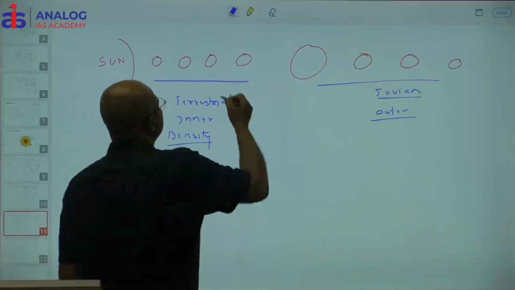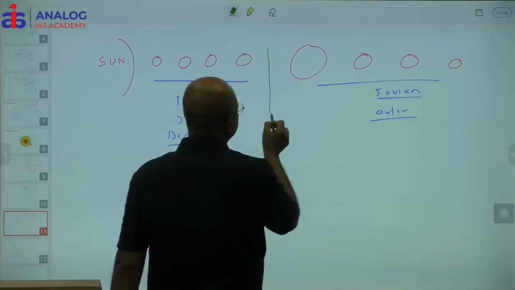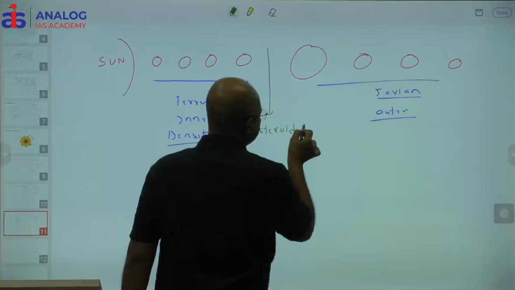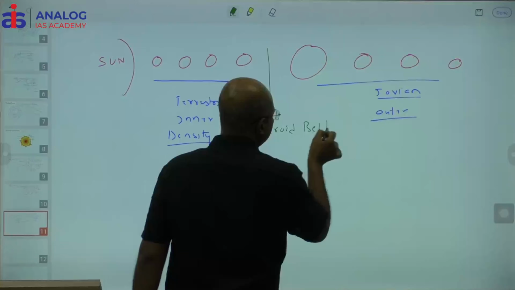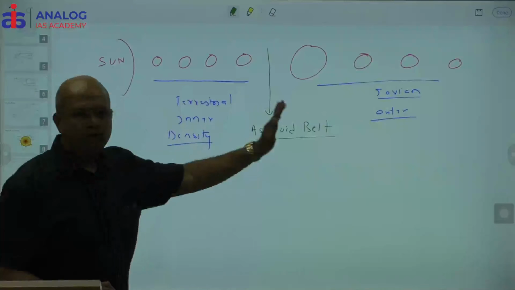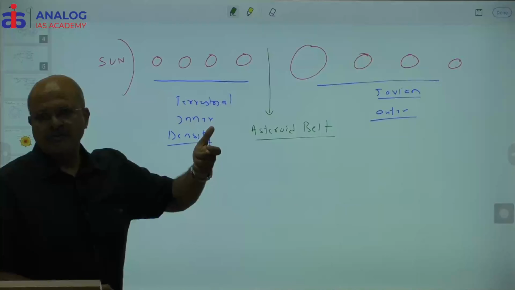And here these are divided by a belt, the asteroid belt. So the asteroid belt separates the terrestrial planets from the Jovian planets. This is also called the great divide of the solar system.